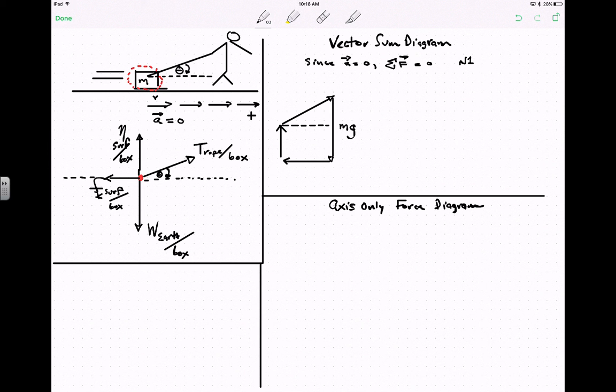All right, are you guys good? So that's what we got out of that lab. Now we know the length of that vector because we know the mass. We just multiply the mass by 10 newtons per kilogram, and we get the weight. So I'm going to label all my vectors: friction, this is normal, and this is tension.